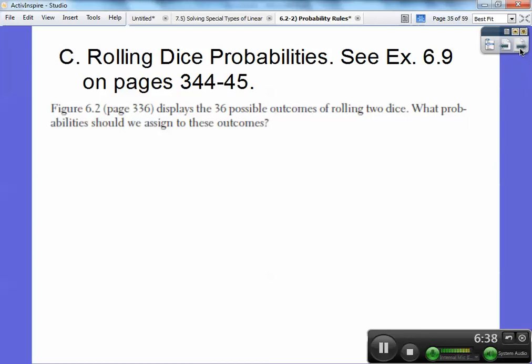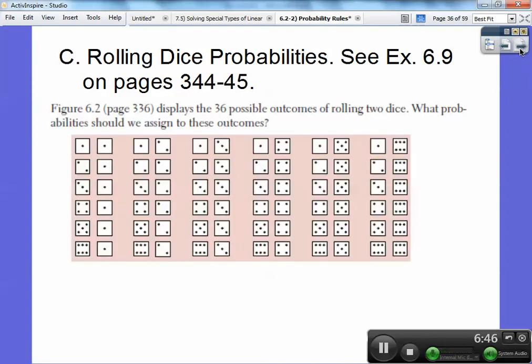So this figure right here is going to display the 36 different possible outcomes of rolling 2 dice. So what's the probability we should assign to these outcomes? There's all the 36 ways right there. You can get a 1 on the first dice, a 1 on the second dice, a 2 on the first dice, a 1 on the second dice, a 3 and a 1, a 4 and a 1, a 5 and a 1, and a 6 and a 1.